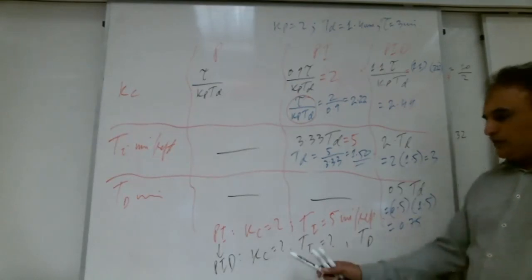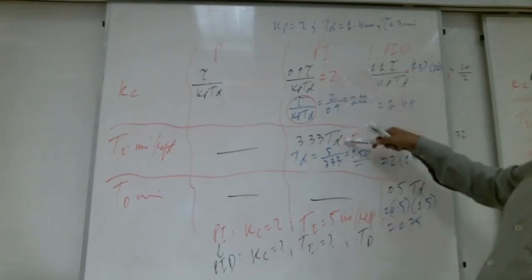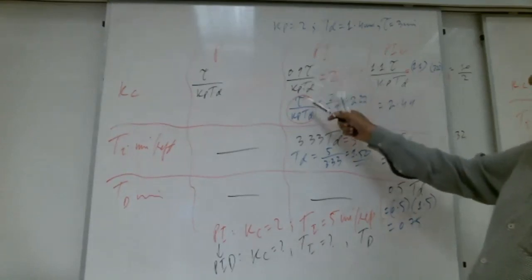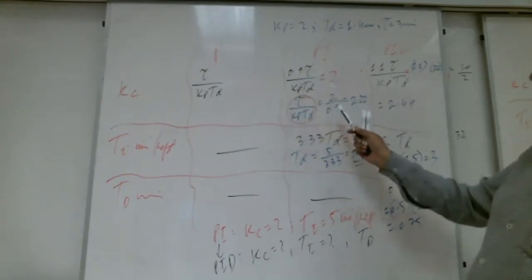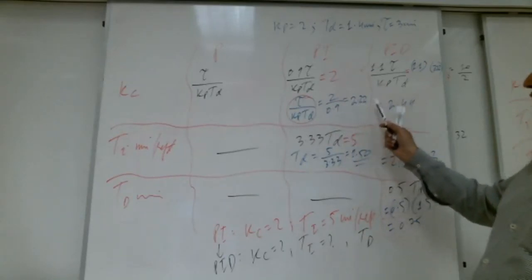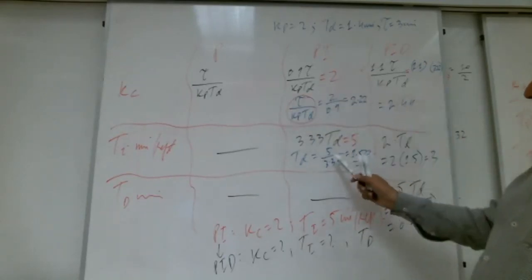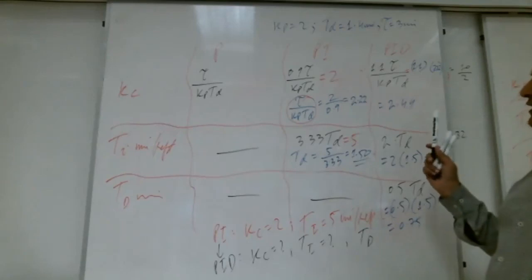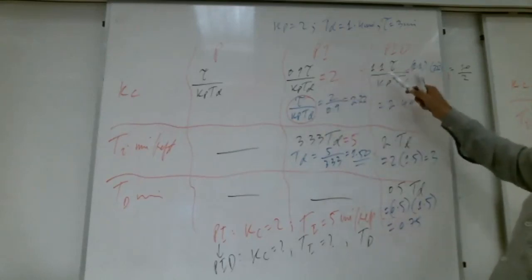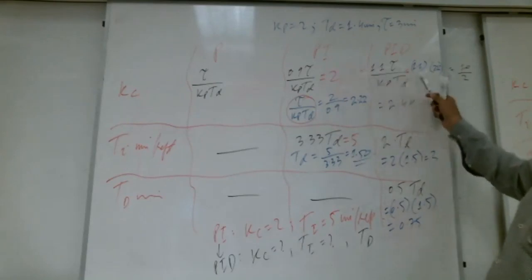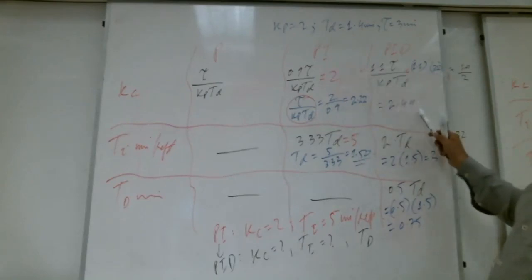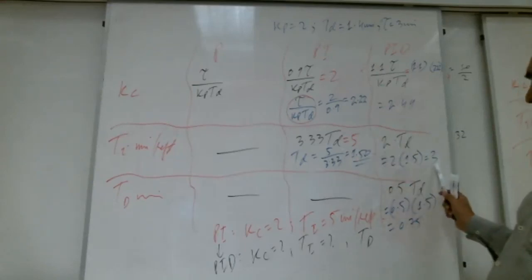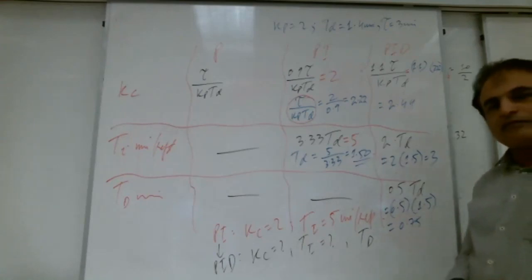We put the two given values in the table. 0.9 tau over Kp Td is equal to 2. We keep tau Kp Td on one side and take the 0.9 to the other side, so we get 2.22, and from here we get TD: 5 divided by 3.33 is 1.5. Now put this value here. Tau over Kp Td stays the same, and 1.1 times 2.22 is 2.44. Here TD is 1.5, so here we got 3, and here we got 0.75.